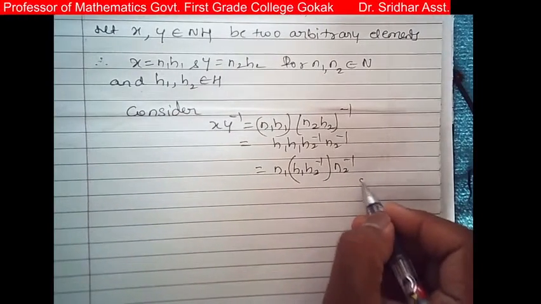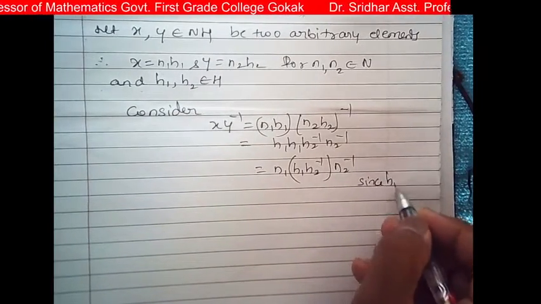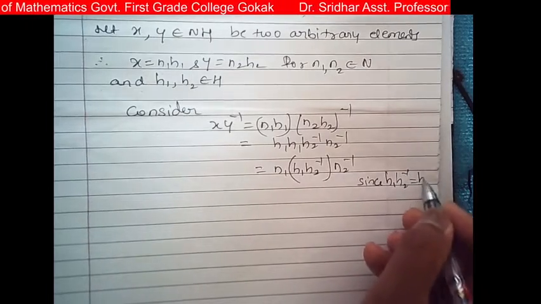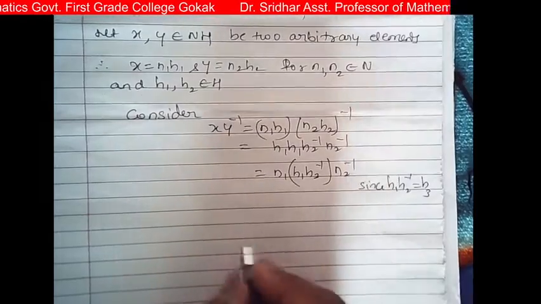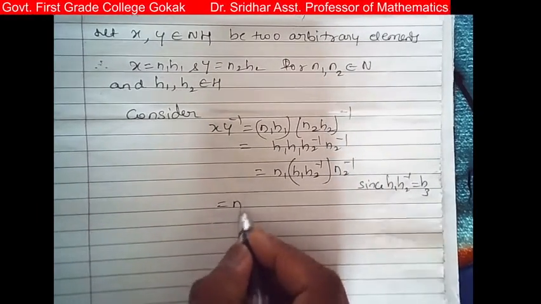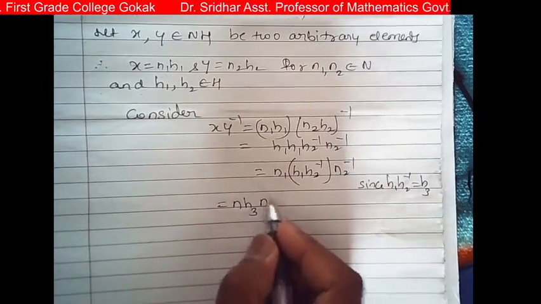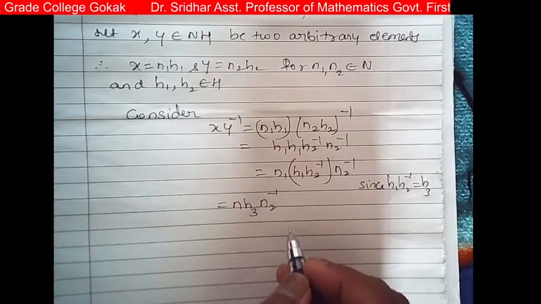Since h1 and h2 inverse is a third element, let h1 h2 inverse be h3, so this becomes n1 into h3 into n2 inverse.